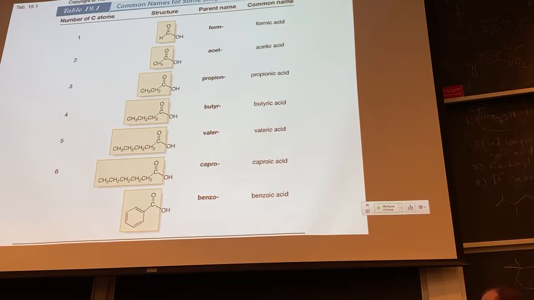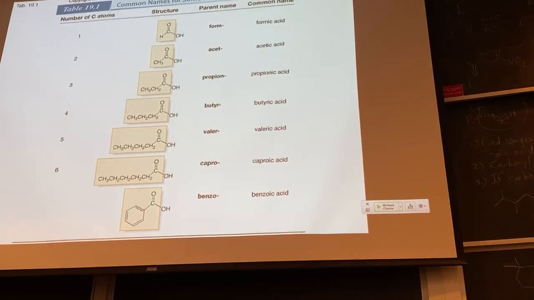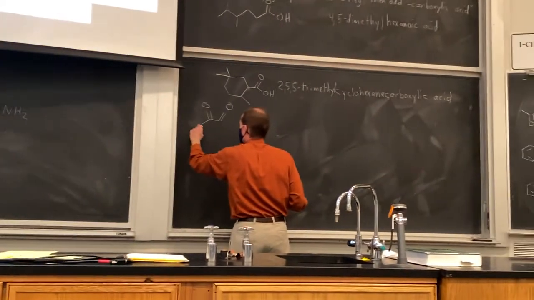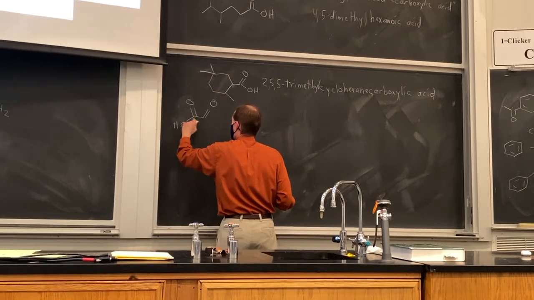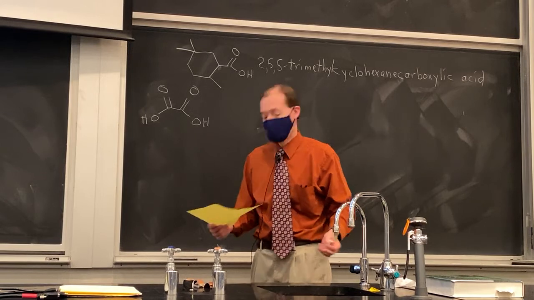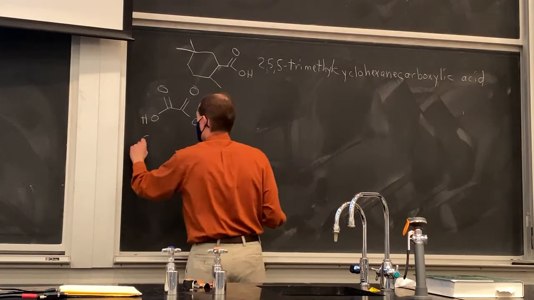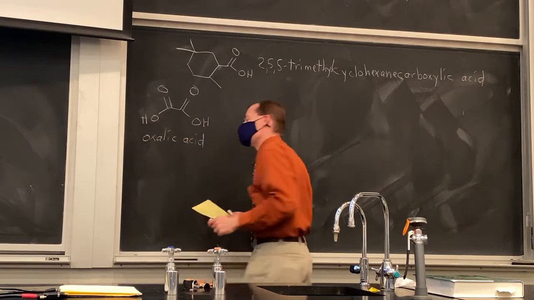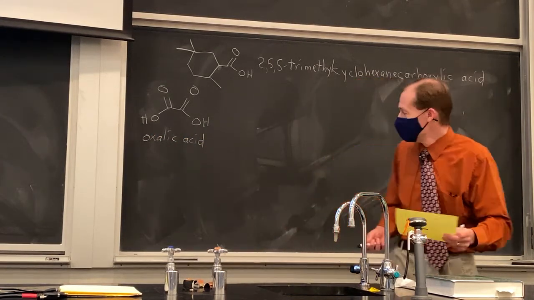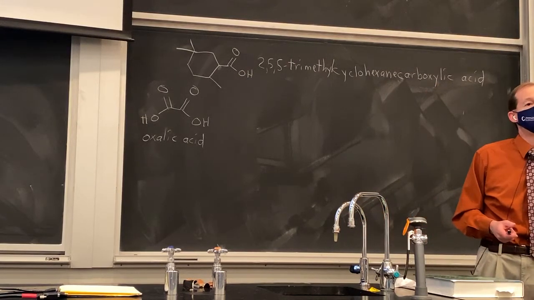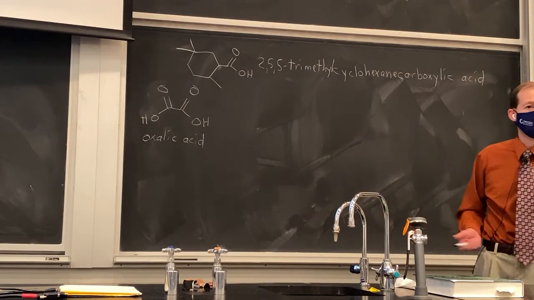Dicarboxylic acids would have dioic acid in the name. But the ones that we'll see in class all have common names. So this would be ethane dioic acid, but it's always referred to as oxalic acid. Oxalic acid is present in spinach. It's toxic, but you'd have to eat about 9 pounds of spinach in order for it to be fatal.